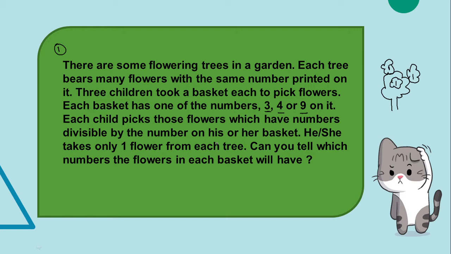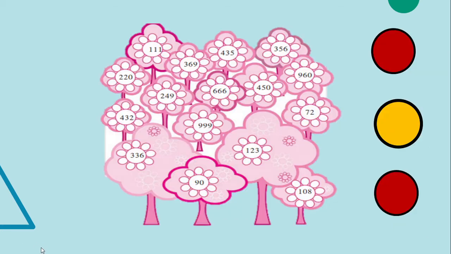So, we have to decide. Firstly we will visit the garden where these flowering trees are, and then we will decide in which basket which flower is going to go. Now children, let's visit the garden. Here we are. You are able to see that on each tree there is a certain number written on the flowers.